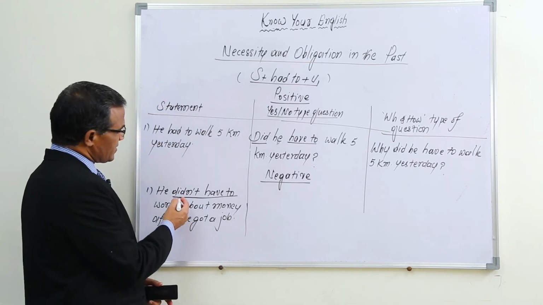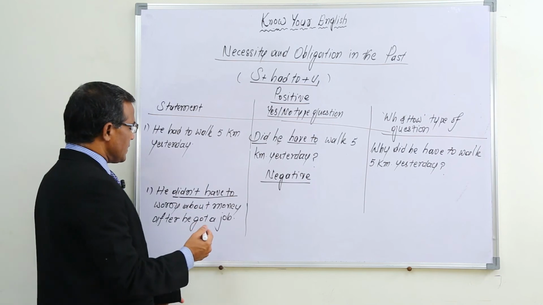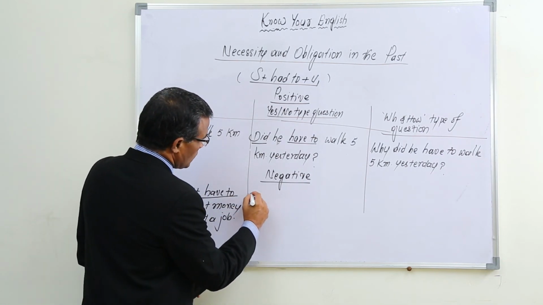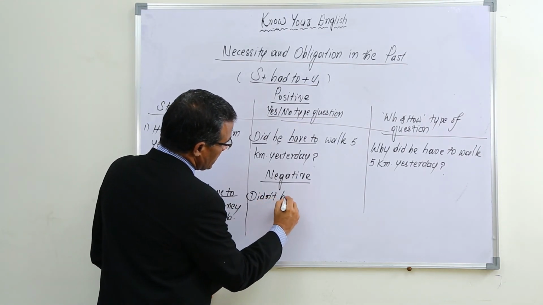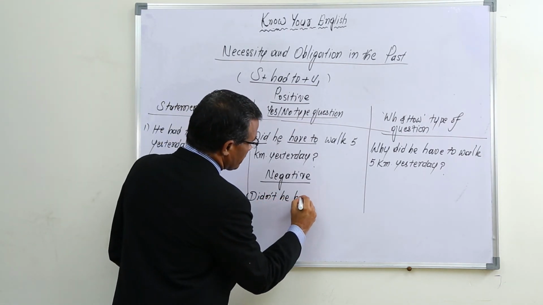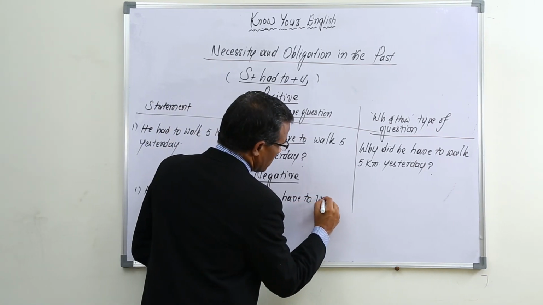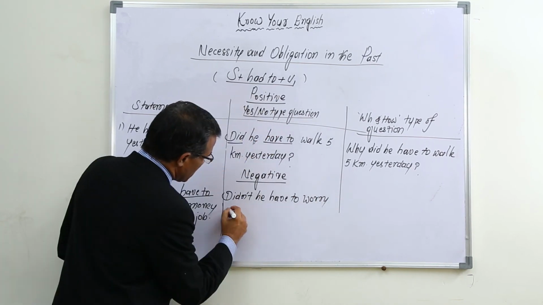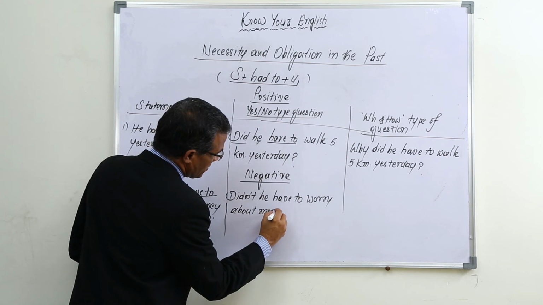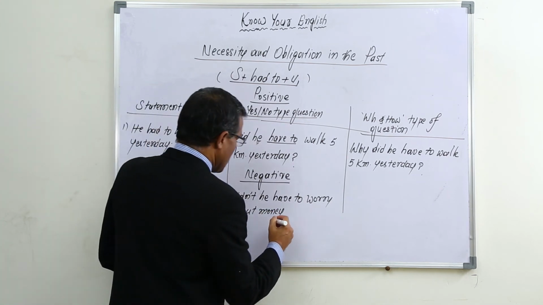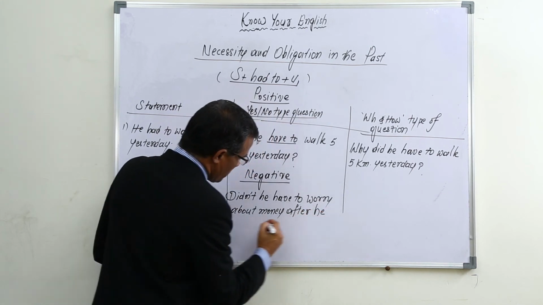And the question, as did helping verb is ready here, simply we are changing the order of this. He didn't, no? So, didn't he have to worry about money after he got a job?